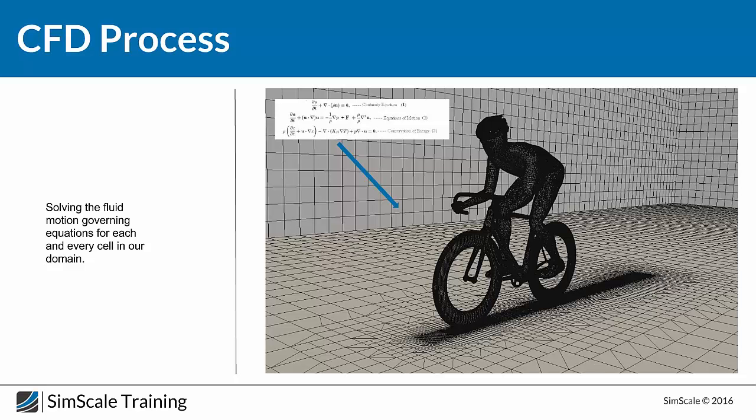So we are using only the first two equations, and what we are doing, we are applying these equations for each and every cell. So then what we will have, if we resolve these equations in this space, we will have a cloud of values that describe our flow motion over our cyclist. And this is what we can see here.